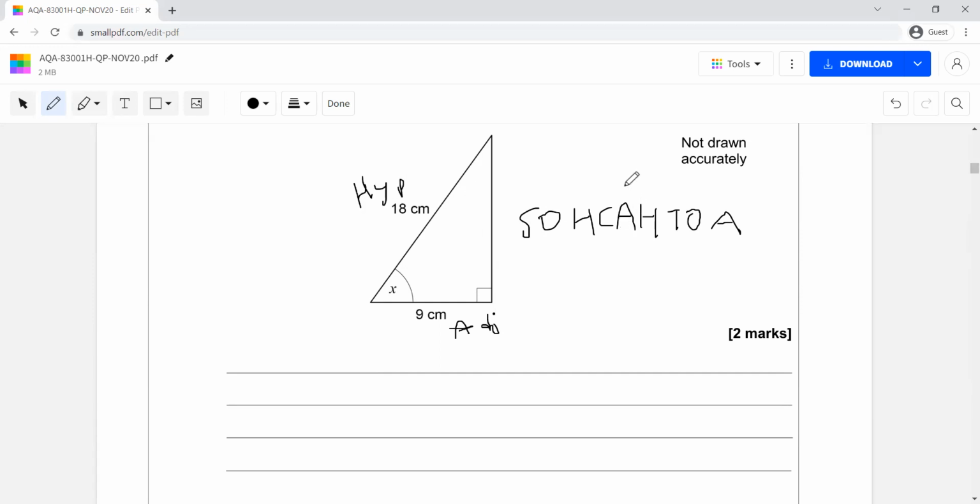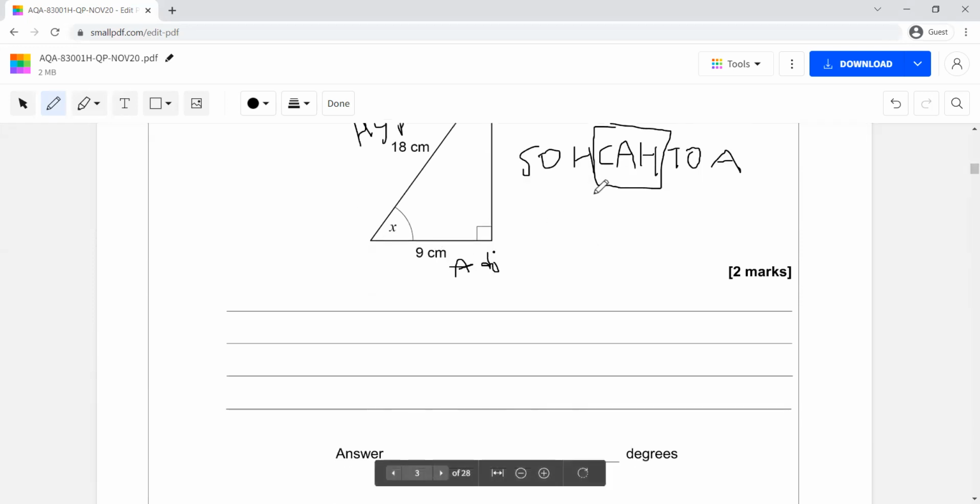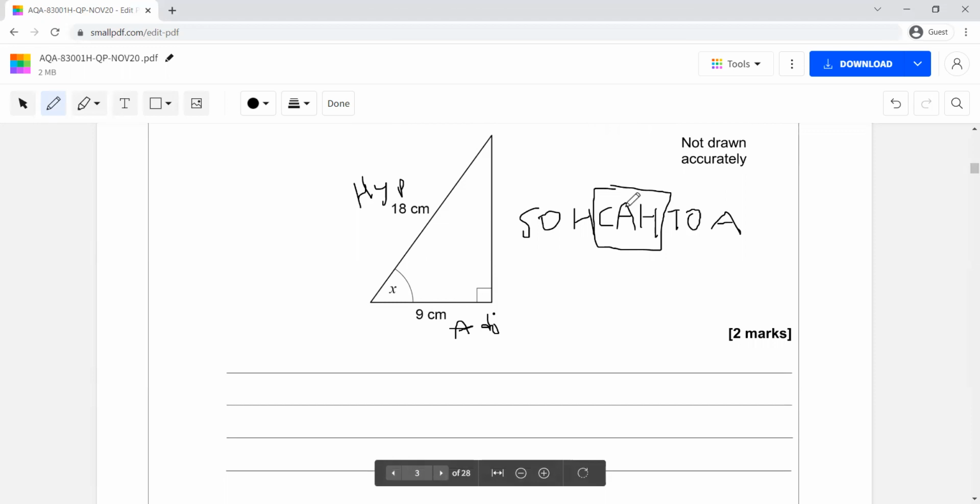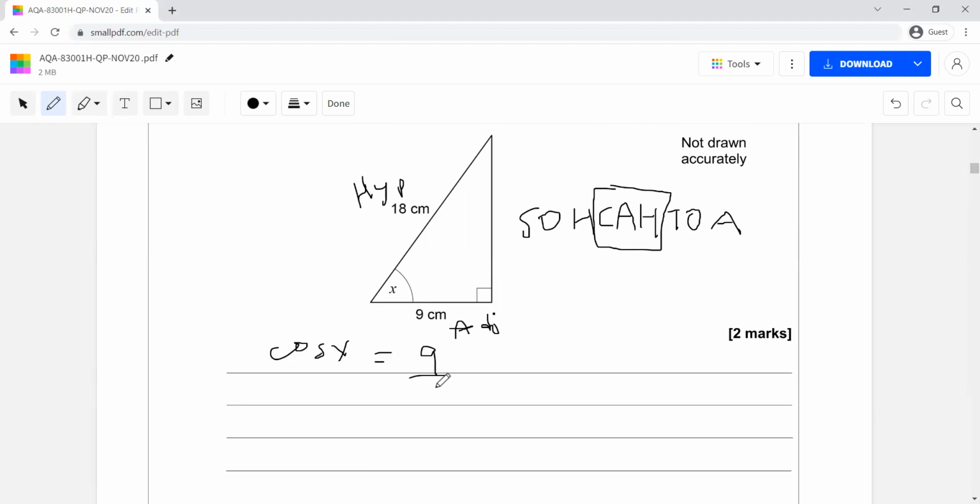So it's this part. And then we have a C because it's the cosine. So we have a cosine because it's the adjacent over the hypotenuse. So the cosine of x is equal to the adjacent over hypotenuse, which is 9 over 18, which implies that the cosine of x is a half.